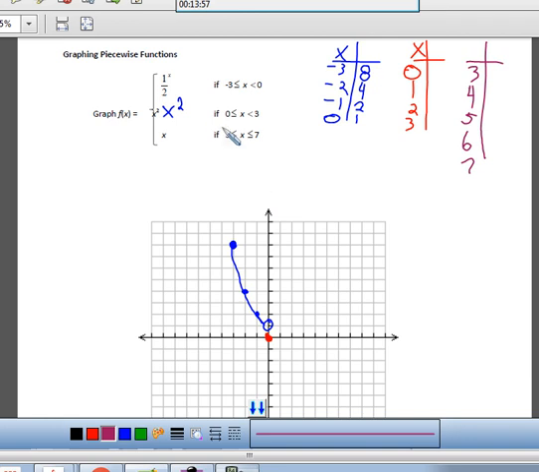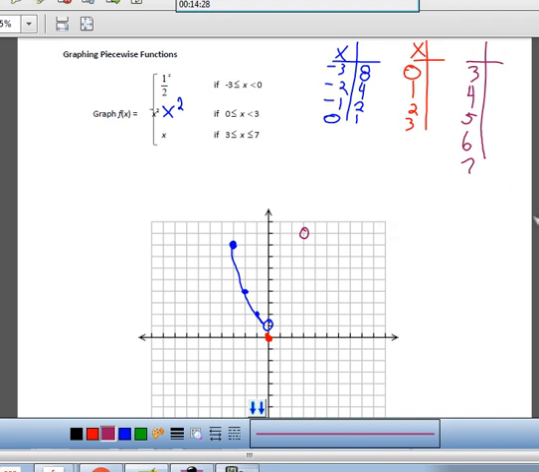Well, when it's 3, it's going to be 9, so it's going to be right here. But you've got some points in between. So you connect this with the half parabola. And then, when you get to this one, it's actually going to be starting back down here and doing a linear with an increasing interval. All right?